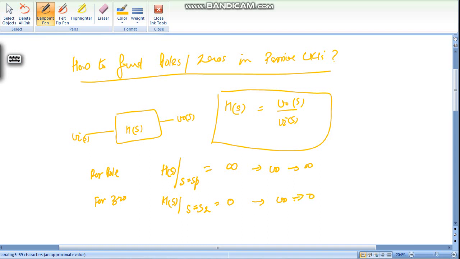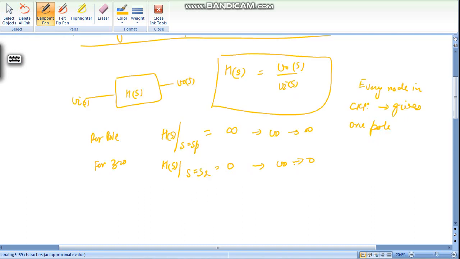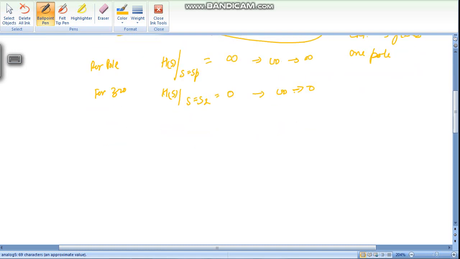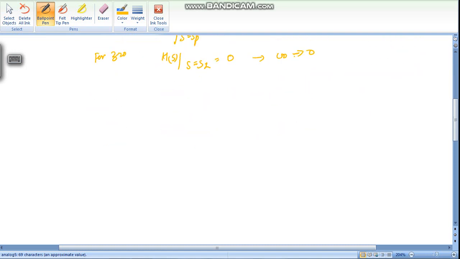One more thing: in a circuit every node gives one pole. Many of those poles are at high frequency and non-significant, and we only consider dominant poles which are under UGB. So this is the definition of poles and zeros.